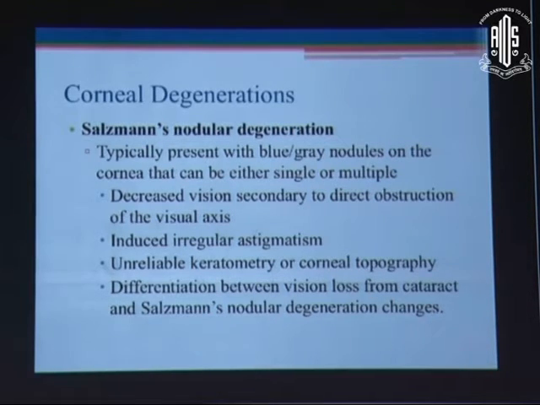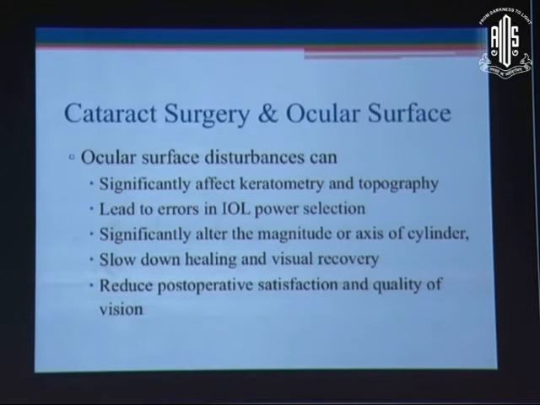Your IOL power calculation may be a problem in such patients because of irregular surface, and ocular surface disease will come up in these patients in the post-op cases. So in these cases you should be very careful. Some patients may require excision of these nodules beforehand and regularizing the surface by a PTK, or a topo-guided treatment.